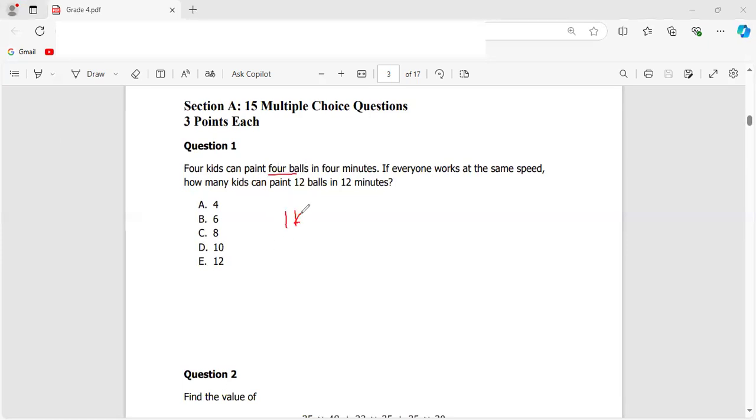So one kid can paint one ball in 4 minutes. Correct? You have 12 minutes. So one kid, one ball, 4 minutes. So one kid can paint how many balls in 12 minutes?